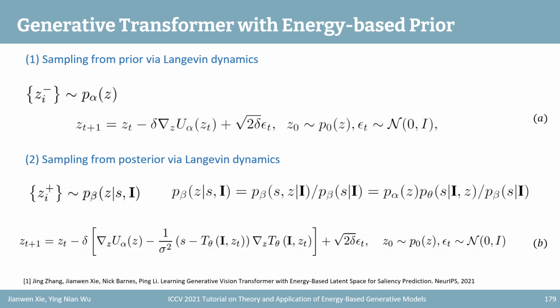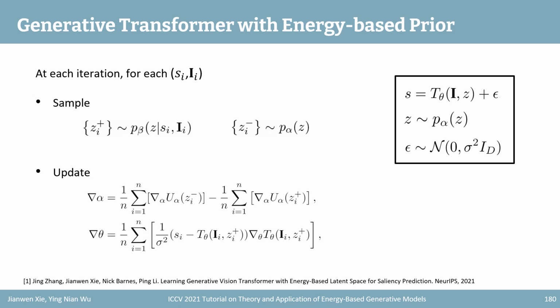The joint density involves the parameters of both the EBM prior and the transformer generator. We use z+ and z- to denote, respectively, the samples from the posterior distribution and the prior distribution.